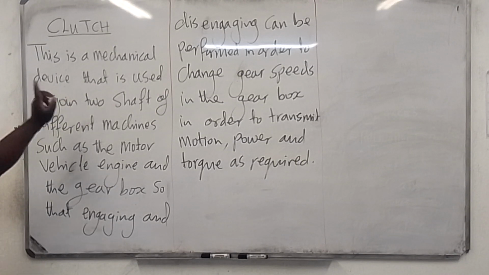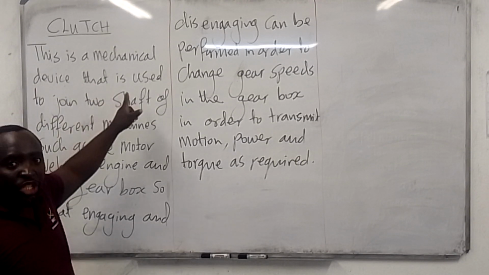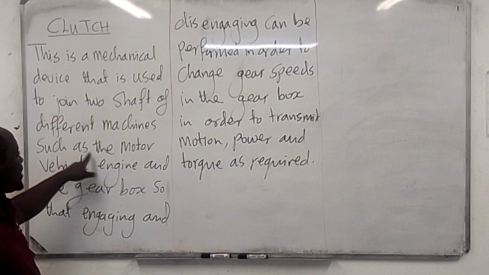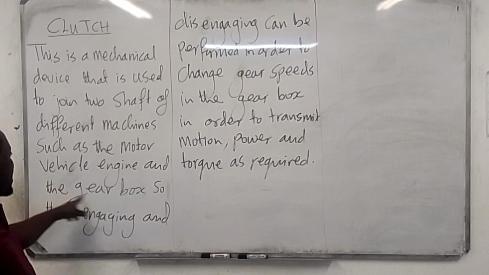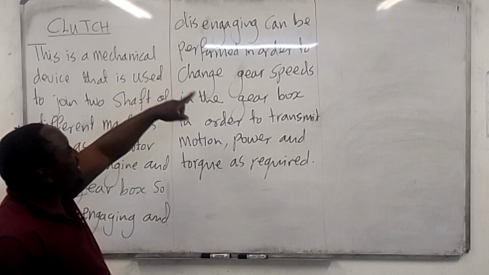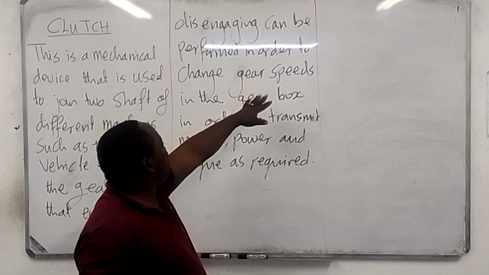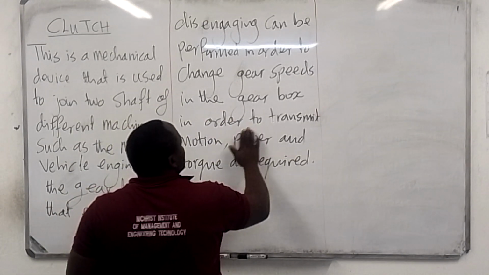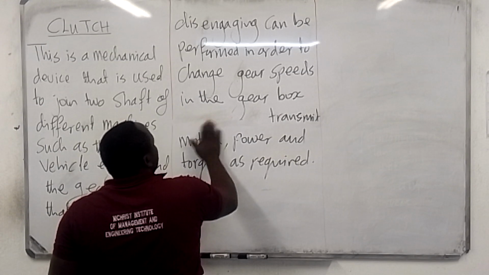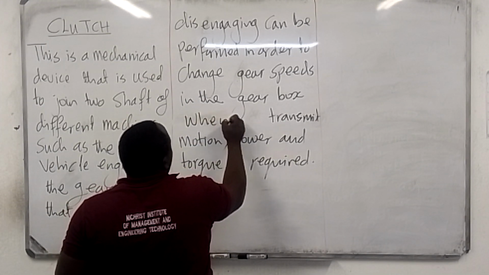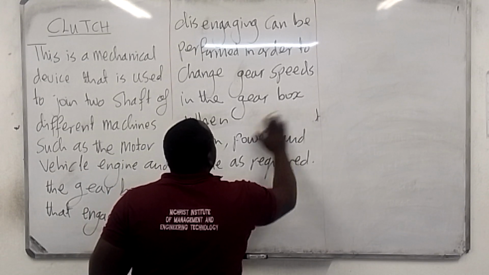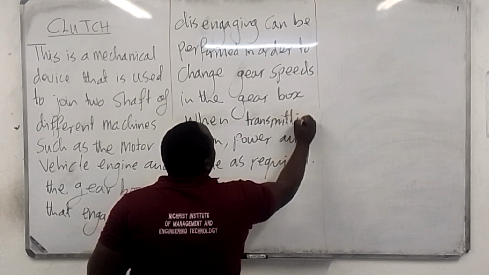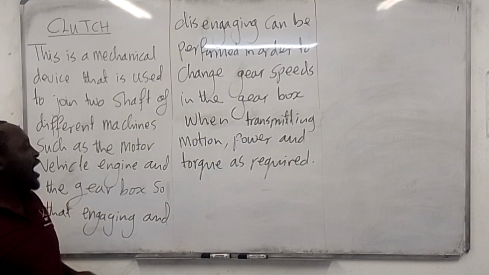So this is a mechanical device that is used to join two shafts of different machines, such as the motor vehicle engine and the gearbox, so that engaging and disengaging can be performed in order to change gear speeds in the gearbox when transmitting motion, power, and torque as required.